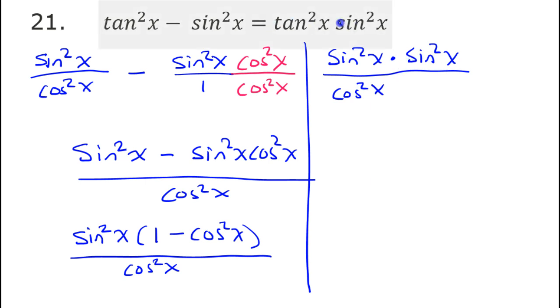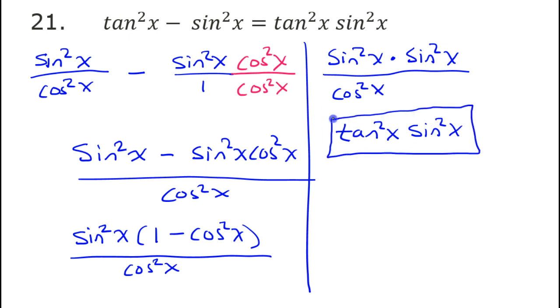Nope, that's not in my target. Why did I put my cosine way over on the left-hand side? Well, that was probably to make it more obvious that I'm about to do sine squared over cosine squared, which is tangent squared. And that leaves the extra sine squared on the right-hand side. And that is indeed the target.